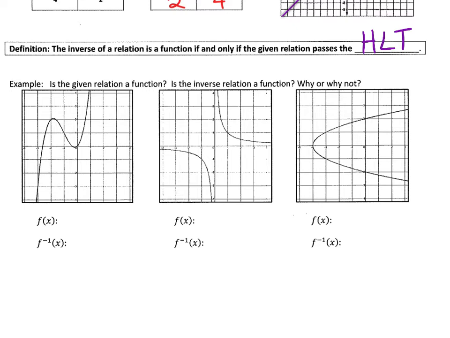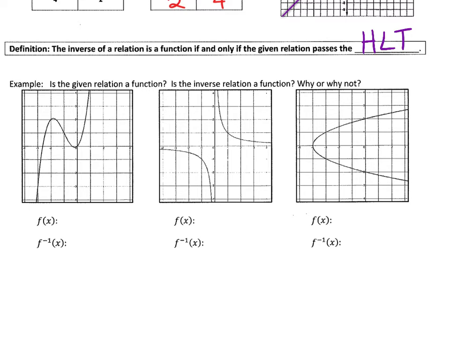So what we're going to do in these 3 examples is talk about the relation that you see as well as its inverse, which you don't see. It's not graphed. But if we look at this first function, who can name what type of function that is? Cubic. Is the cubic function you see a function? Does it pass the vertical line test?